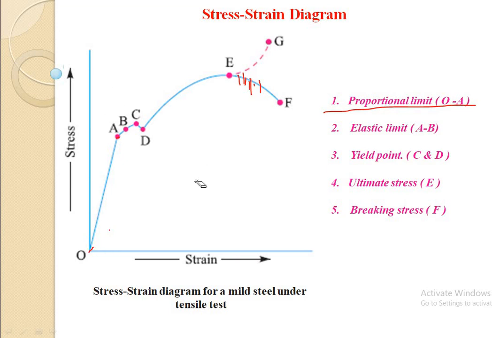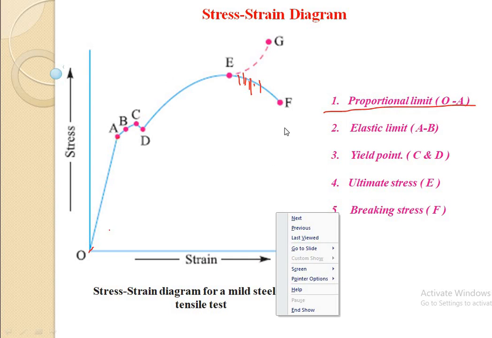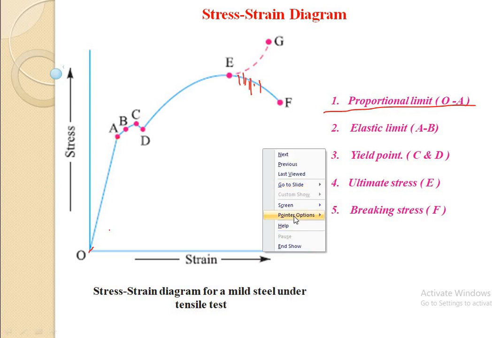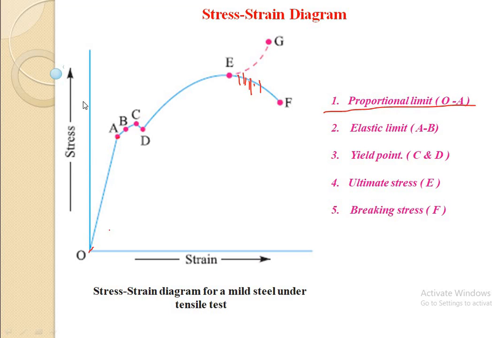This diagram is drawn by applying load and measuring the corresponding elongation. By measuring load and corresponding cross-sectional area, we can determine the stress. By measuring the change in length and the original length, that is the gauge length, we get the strain values.